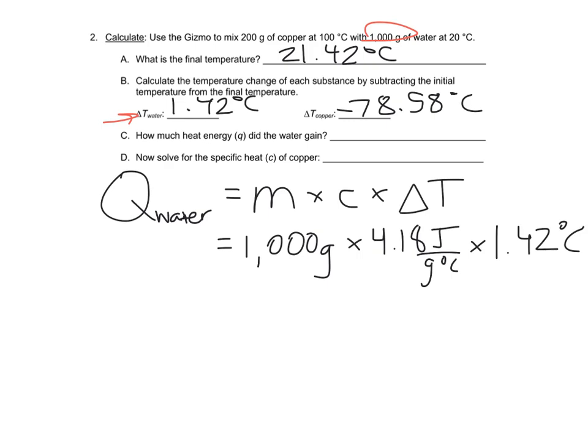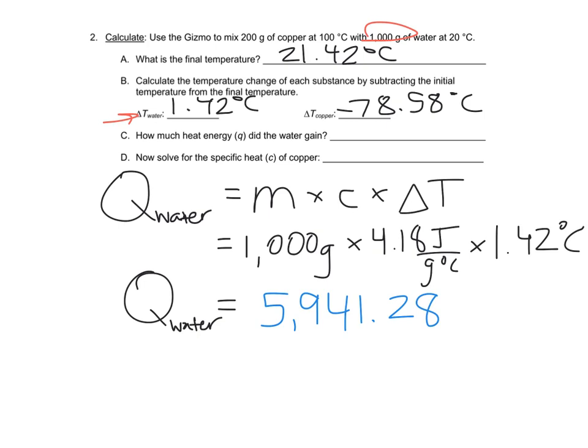So then we just multiply all of those together, and we're going to get our Q for water, our amount of heat gained by the water. So in this case, our answer is 5,941.28. And remember, our units for Q are always joules.